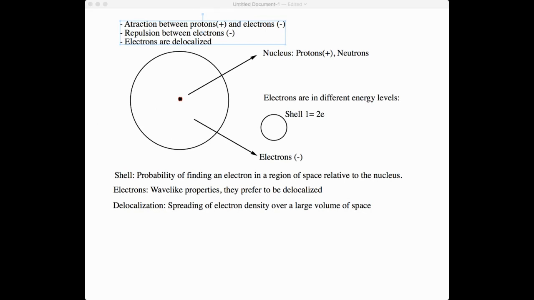Okay. So each shell is going to have a different quantum number, and each shell will contain a different number of electrons. The maximum number of electrons that a shell can have is equal to 2n squared.